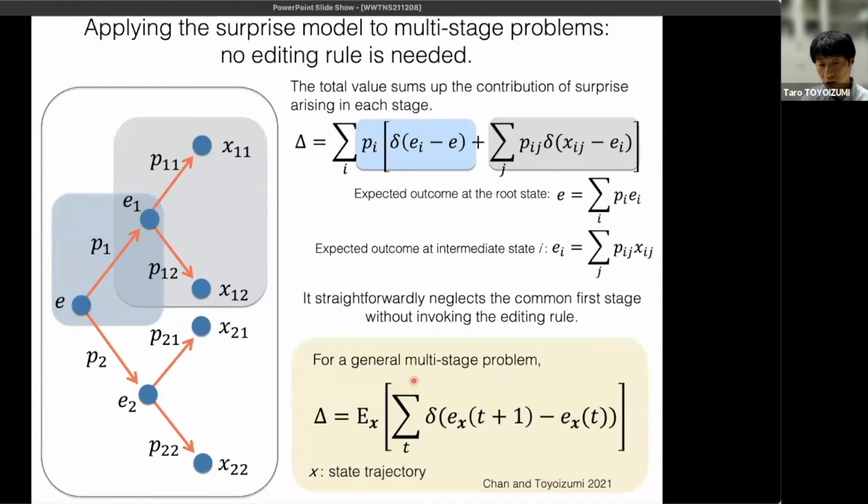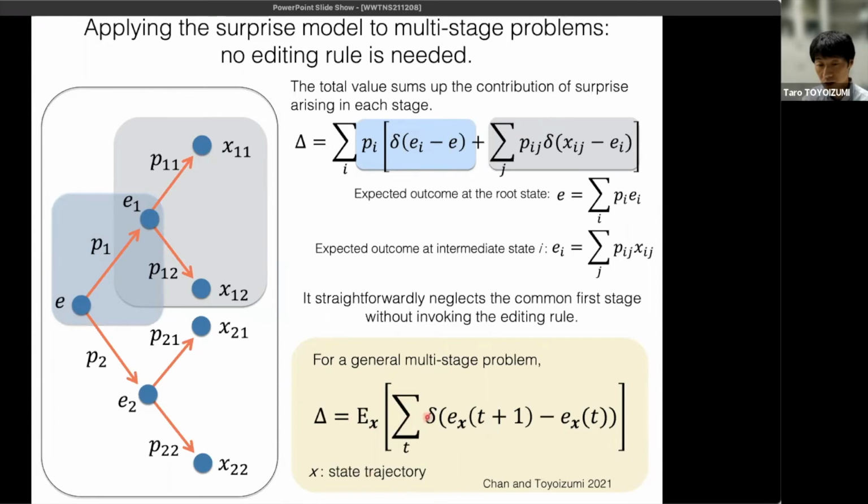And it's easy to generalize our formalism to multi-stage problems that involve 3 or more steps. The general surprise value delta is computed by taking the expectation over possible anticipation sequences, state trajectory X, and the surprise from the different steps must be summed.